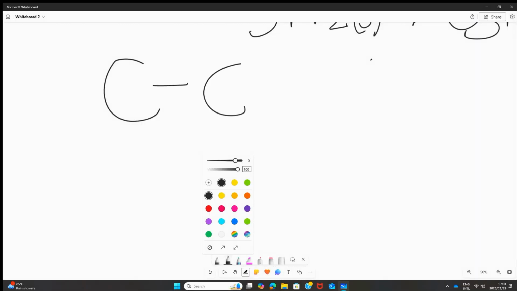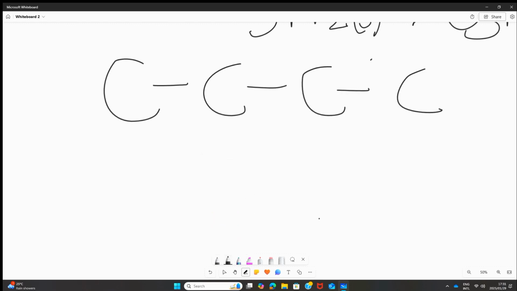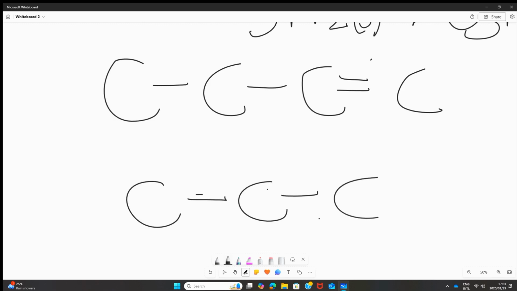Just to go through a bit more, we can have 4 carbon atoms in the longest chain. So when you have 4 carbon atoms, you have 1, 2, 3, 4. The double bond can be between the first 2 carbons, or between the carbons in the middle.